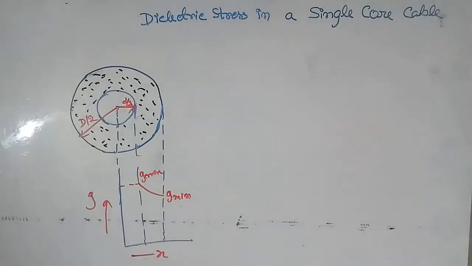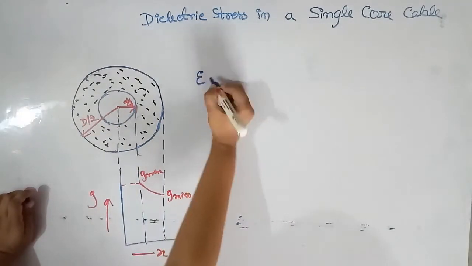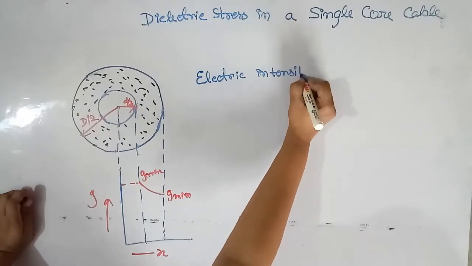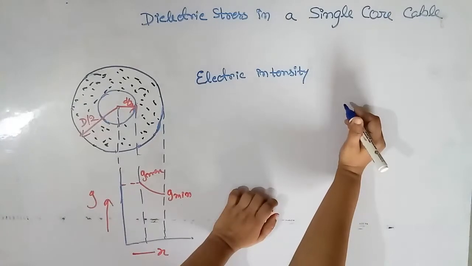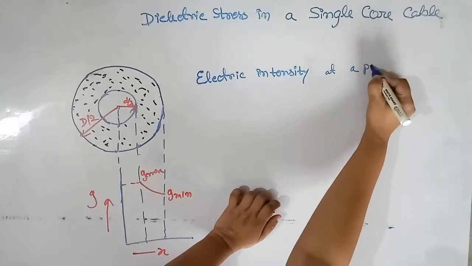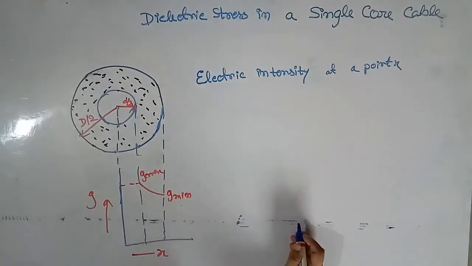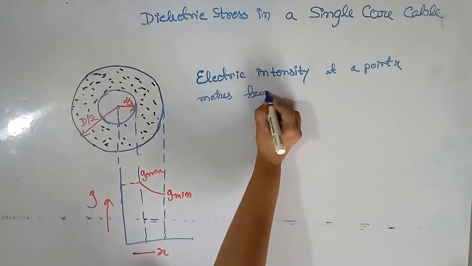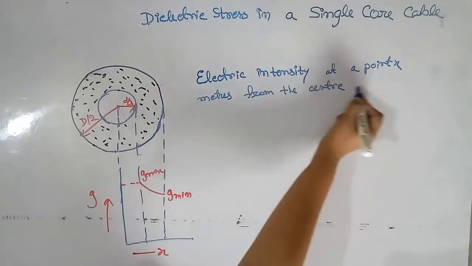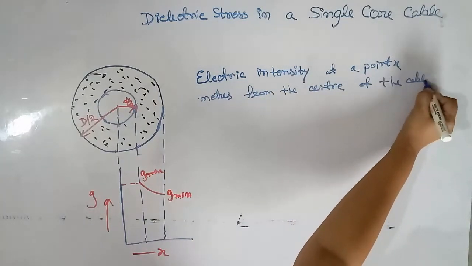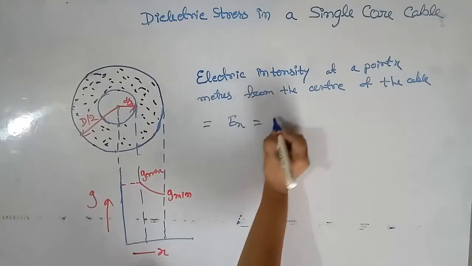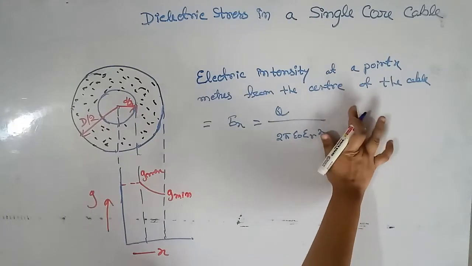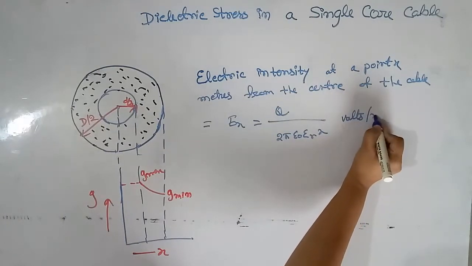Now the electric intensity at a point x meters from the center of the cable is equal to q by 2 pi epsilon 0 epsilon r x volts per meter.